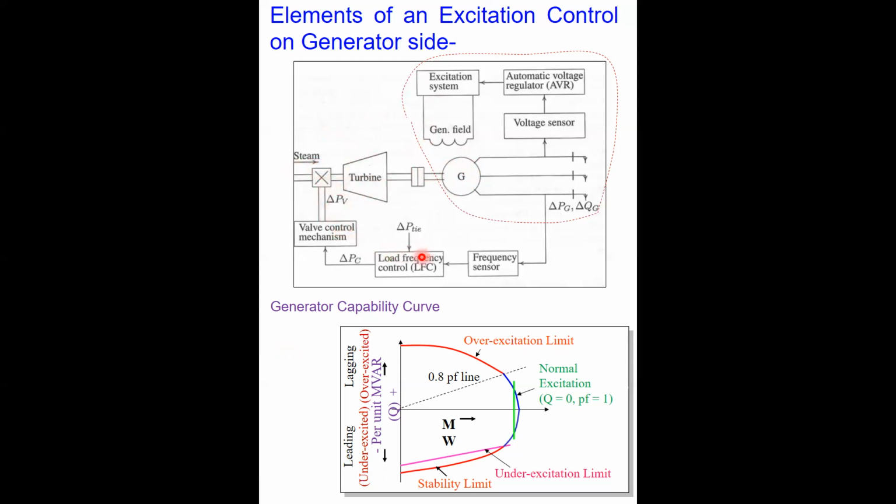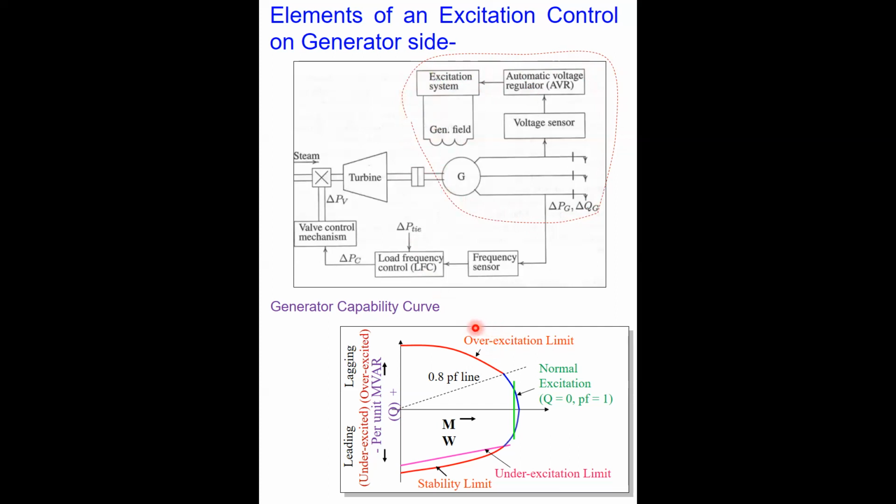So the governor part here, and we have the active power control or the load frequency control here. But if you refer from the generator terminal, we have the measurement of voltage signal, AVR, excitation system, and then the generator field winding.